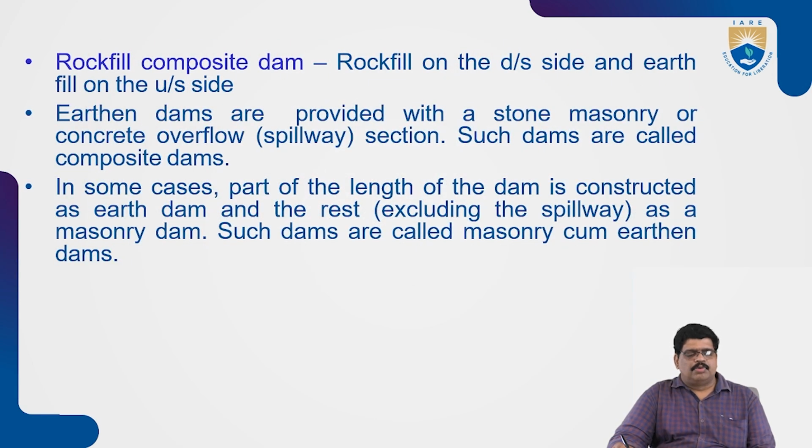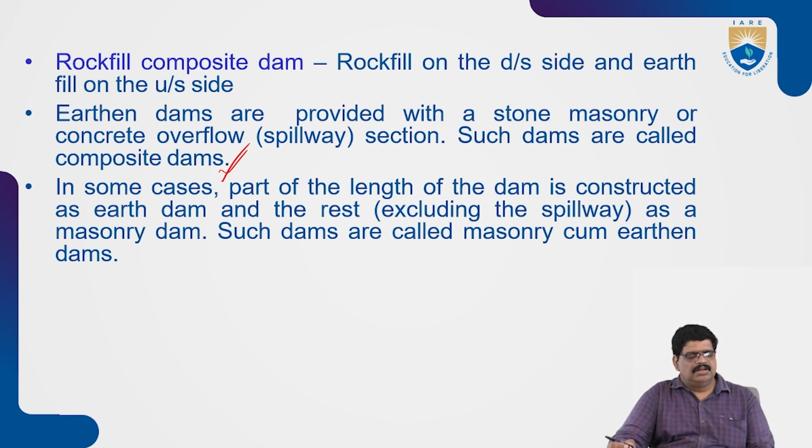Next, rock-fill composite dam. This is a dam which has rock fill on the downstream side and earth fill on the upstream side. So one side is earth fill, and on the other side stone pitching will be provided. The earth dam is provided with the storage and the spillway section.